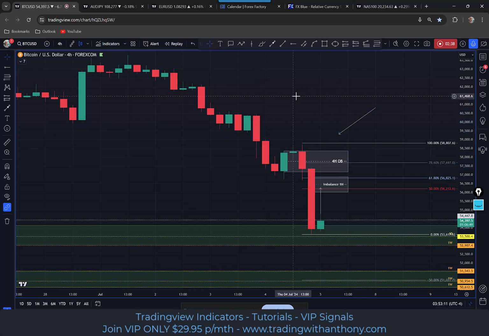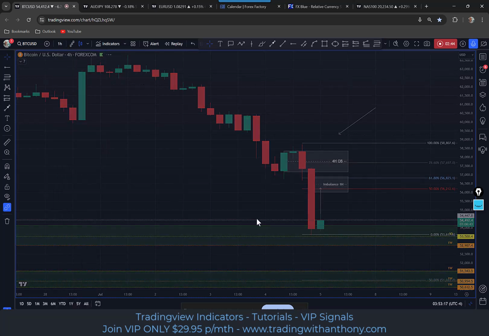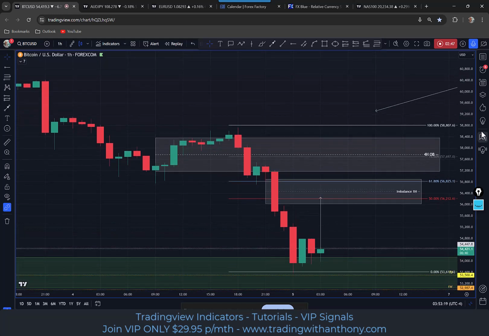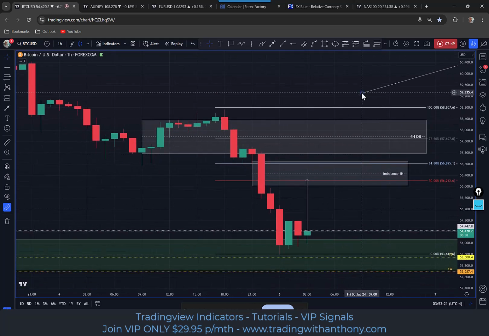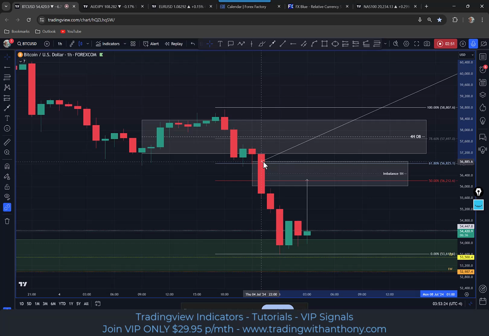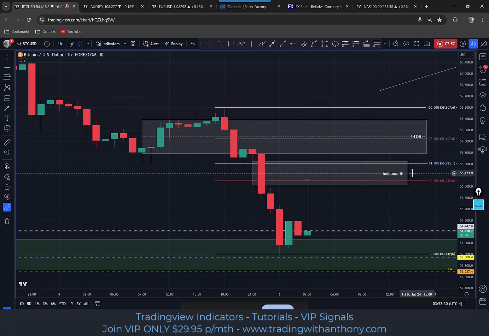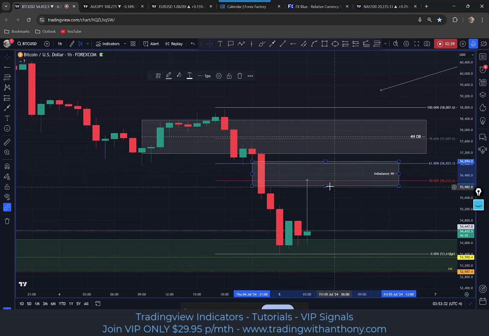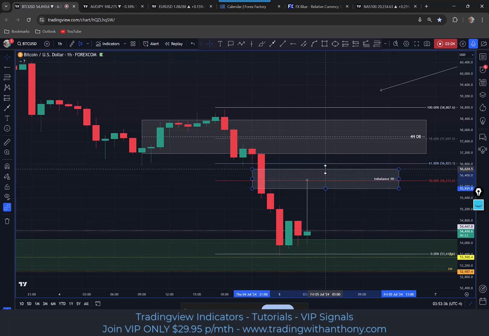And then on the 1H, I've marked up this thin candle that you see here, the candle left, the low, and the candle right, the high. So this is a bearish imbalance on the 1-hour time frame.